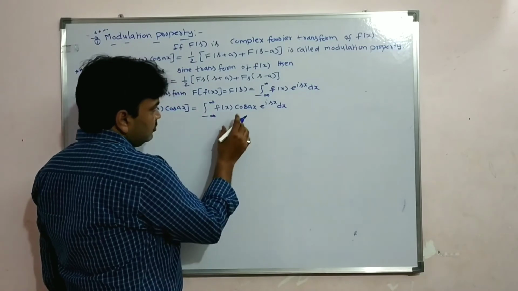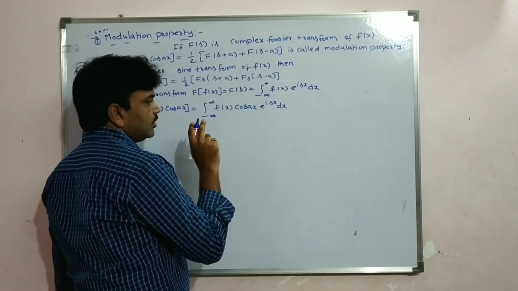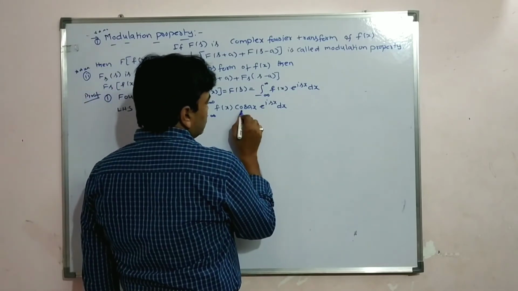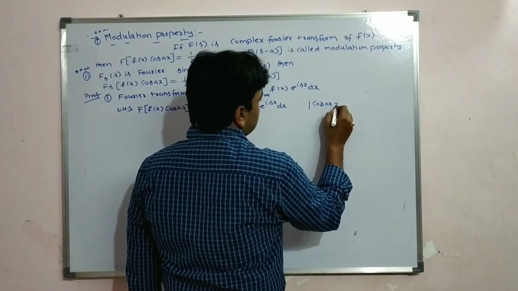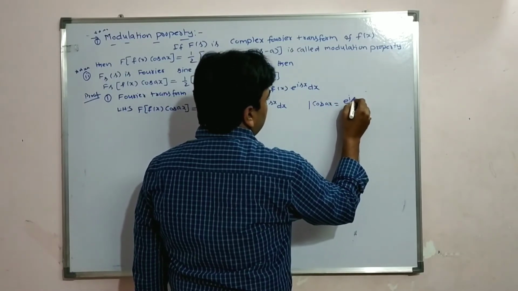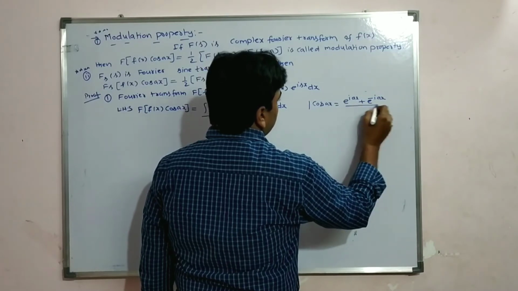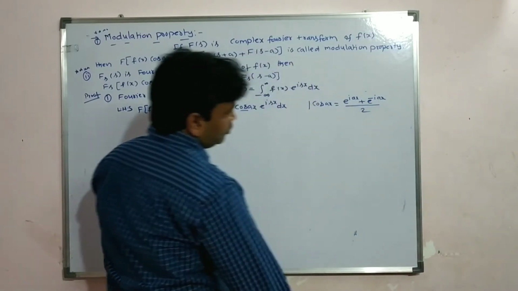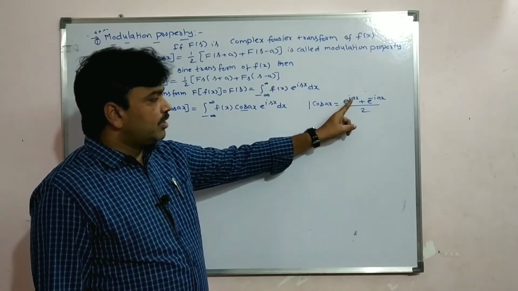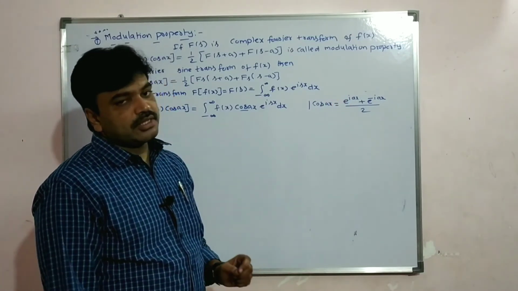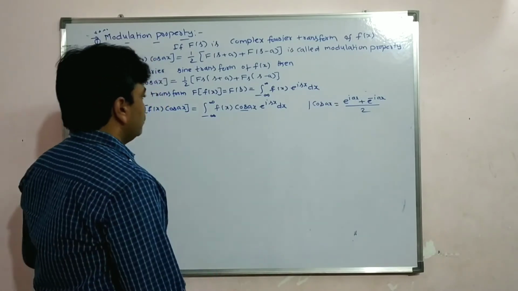Now we want F(s+a). So this cos ax can be written using the formula cos ax equals (e^{iax} + e^{-iax})/2. Substitute here.